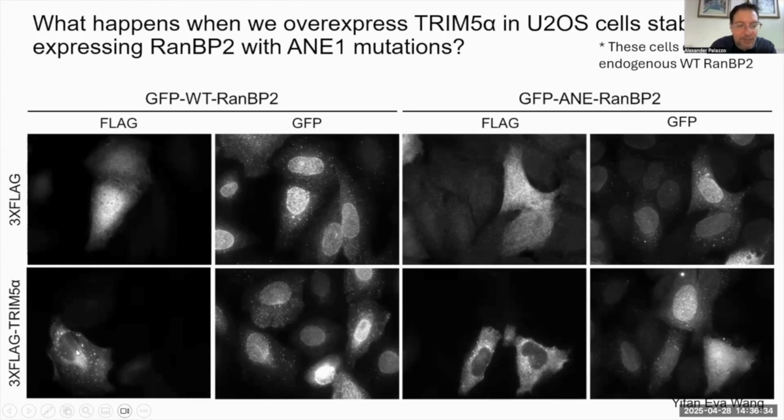This cell that expresses the TRIM5 alpha construct looks like its neighboring cells. But in the case of the mutant form, when we express TRIM5 alpha, you could see that it displaces RanBP2 from the nuclear pore, and that's unlike a neighboring cell that's not expressing TRIM5 alpha. So it looks like, at least in the context of overexpressing TRIM5 alpha, it can actually displace the mutant form of RanBP2 off the pore.